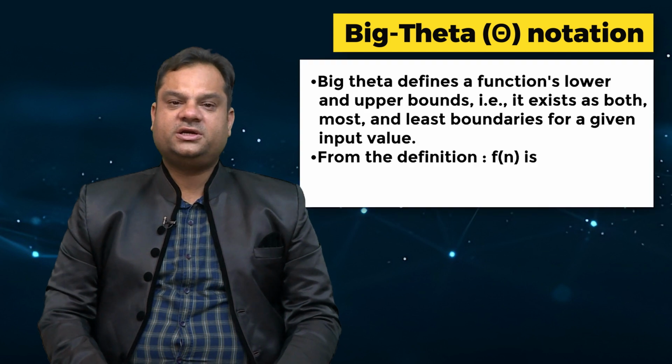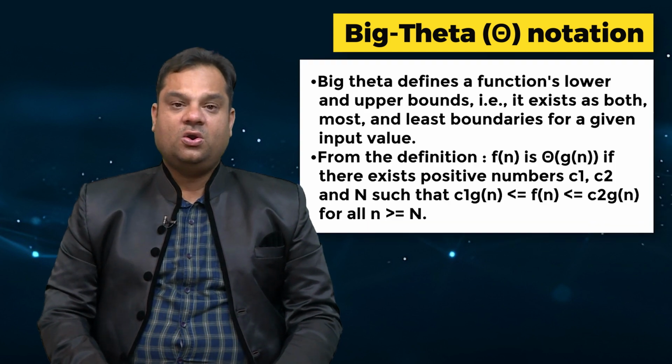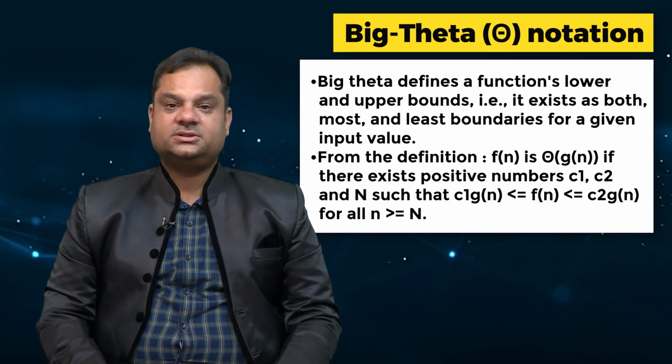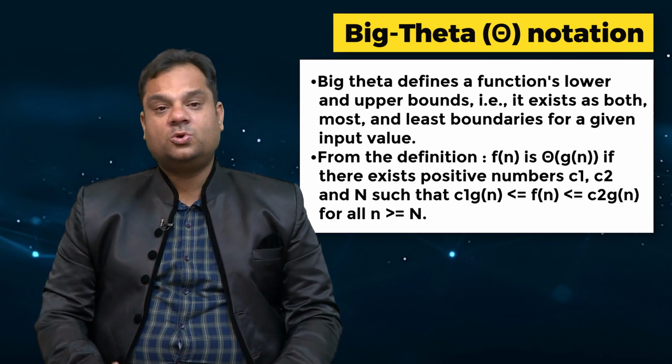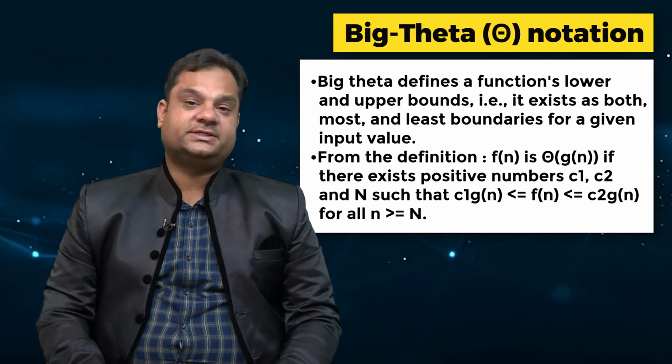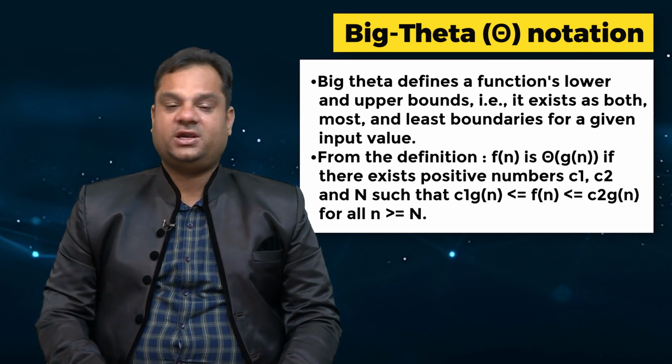Now we discuss the last notation, that is big theta notation. Big theta defines a function's lower and upper bounds. That means it exists as both most and at least boundaries for a given input value.